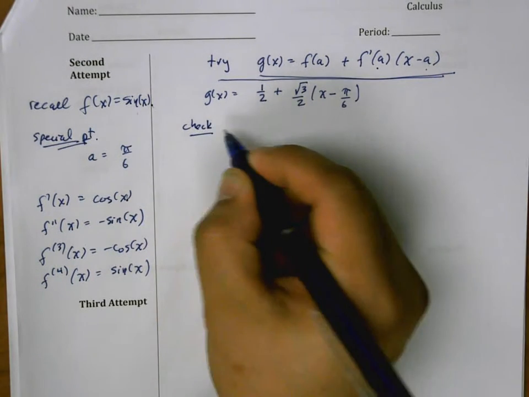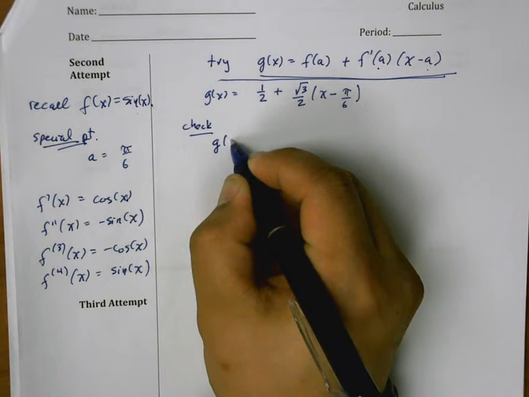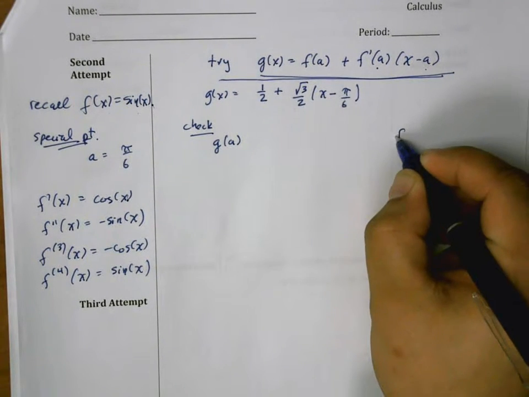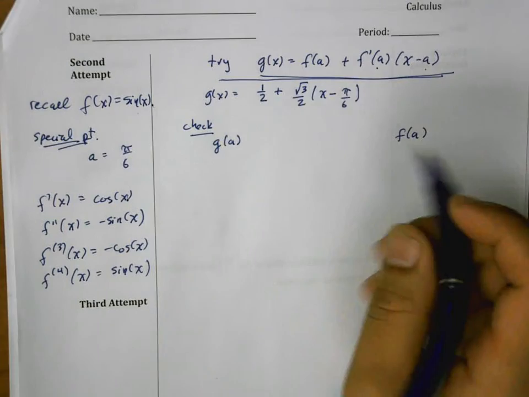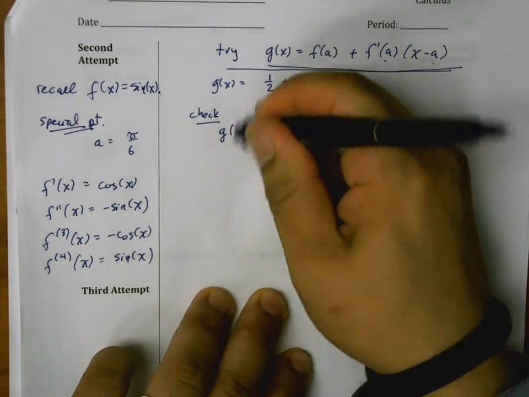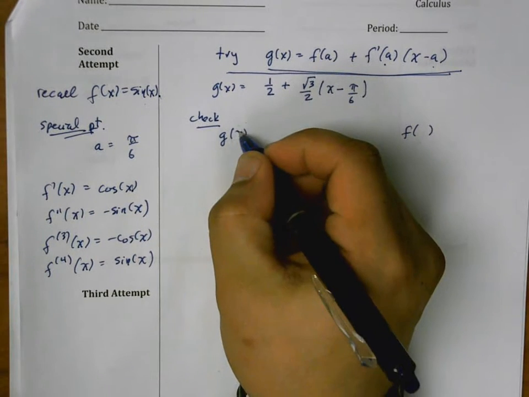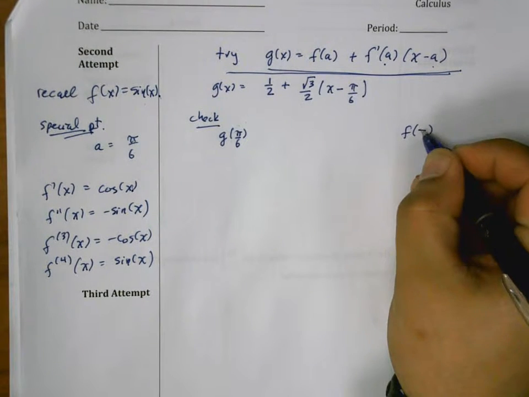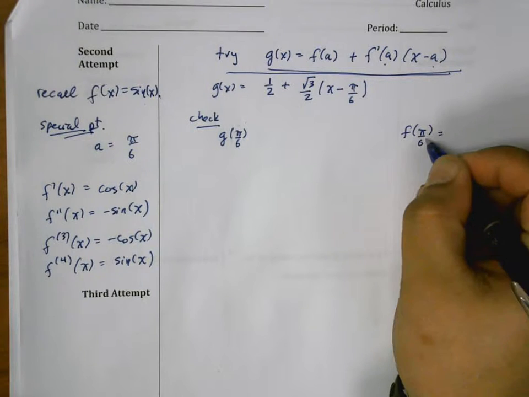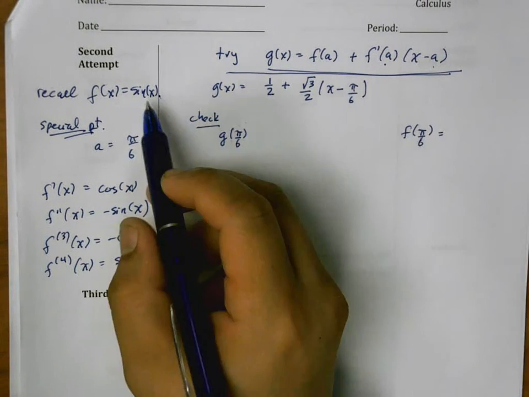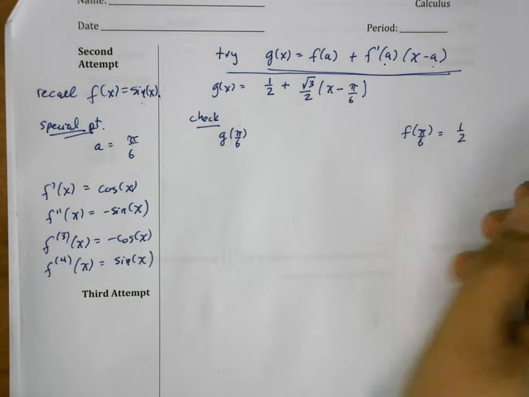So let's check now. Remember our checks. We want to see g of a versus f of a. I'm just going to put in pi over 6 directly, since that's our special point. G of pi over 6 and f of pi over 6. Well, f of pi over 6 is easy. It's just sine of pi over 6, so that's 1/2.